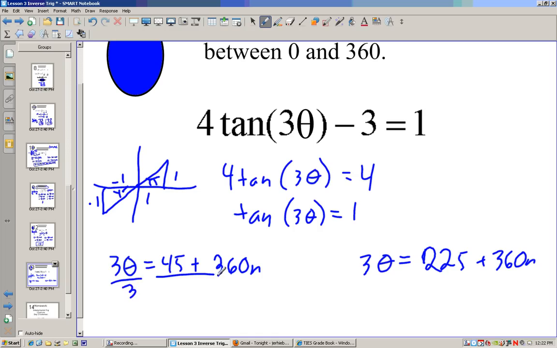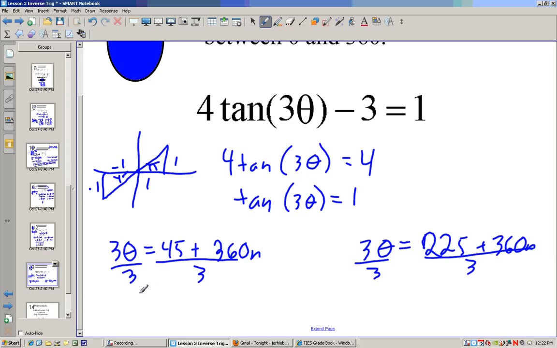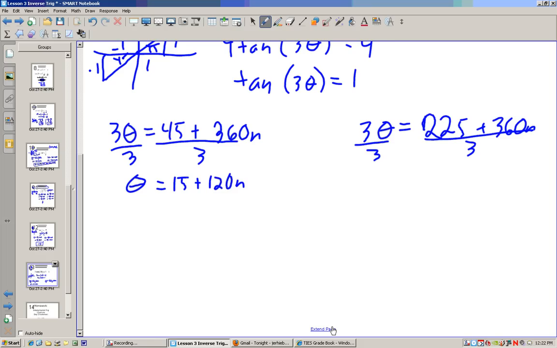Divide both sides by 3, and we'll get theta is equal to 15 plus 120 n. And if we divide 225 by 3, we get 75.